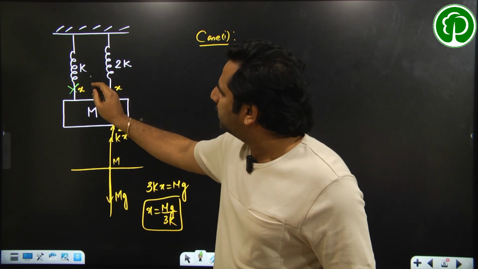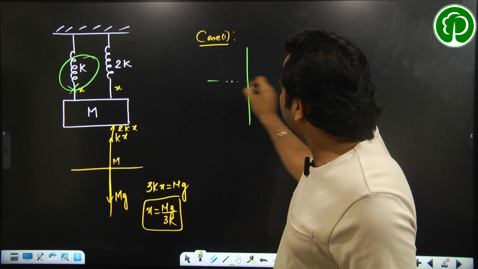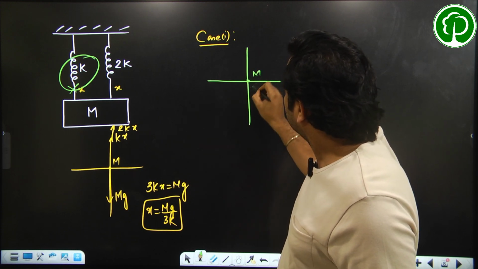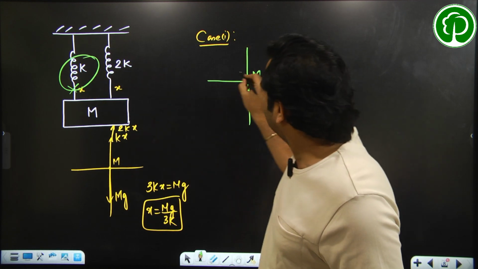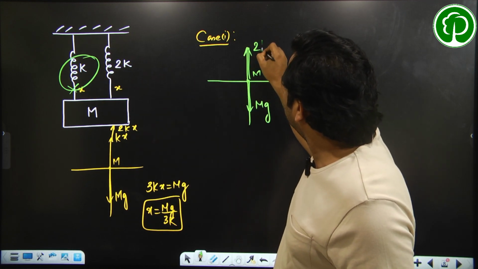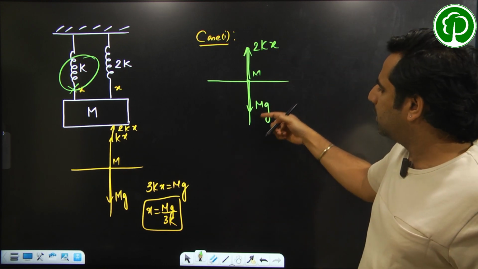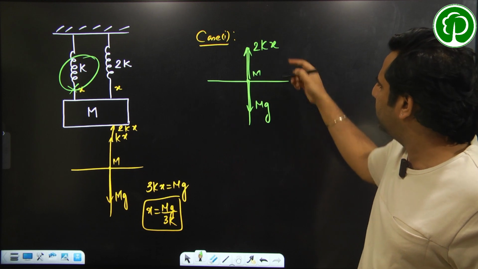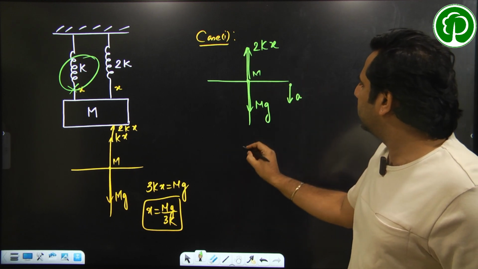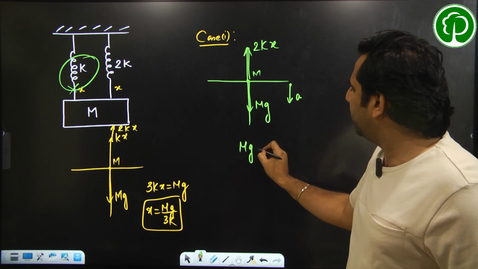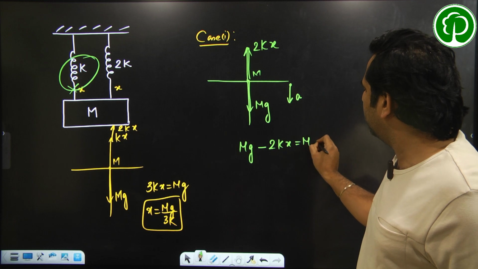Now as you cut it, the spring force of this spring becomes 0. If you draw the free body diagram of this M, it is mg, and this kx has become 0, but this 2kx has remained as it is. But now mg is equal to 3kx, which is more than 2kx, so the block would accelerate down. The immediate acceleration of the block I can get by applying Newton's laws: mg minus 2kx is equal to m into a.